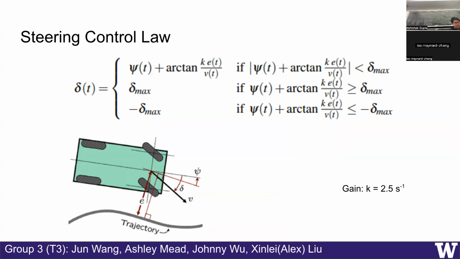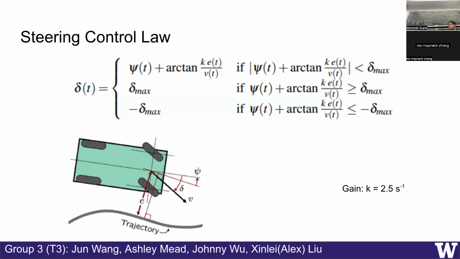The top equation has the arctangent of the error over the velocity. If you think about that angle, it's the little angle between the velocity and this red line.